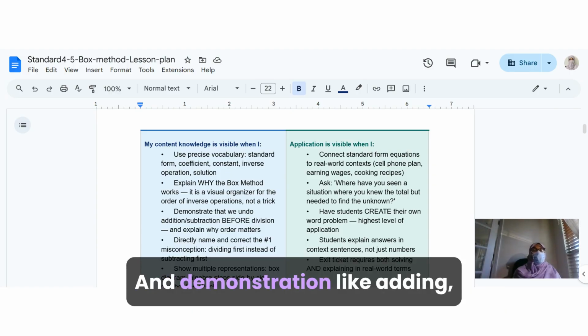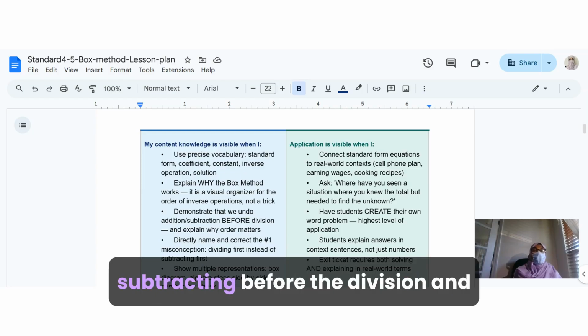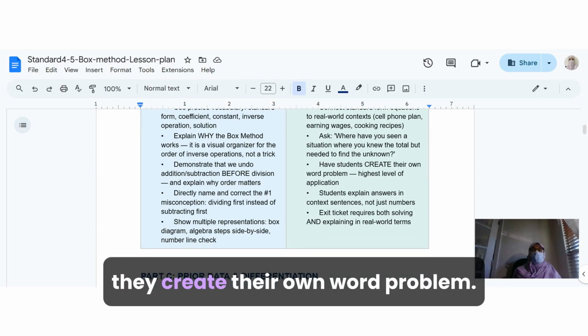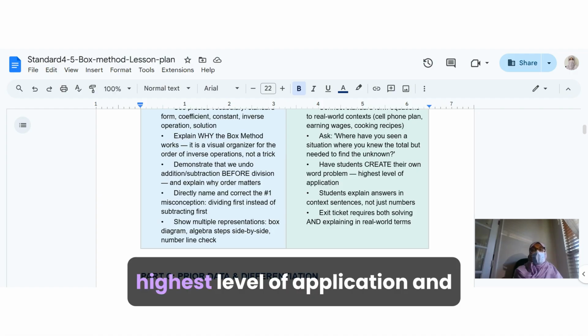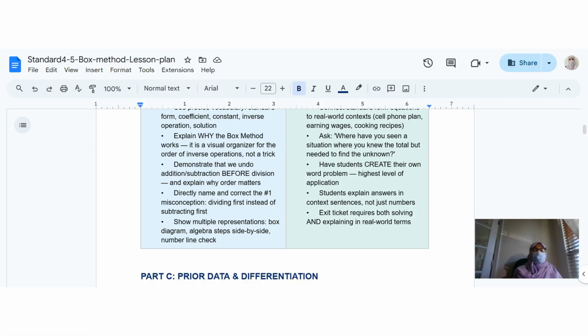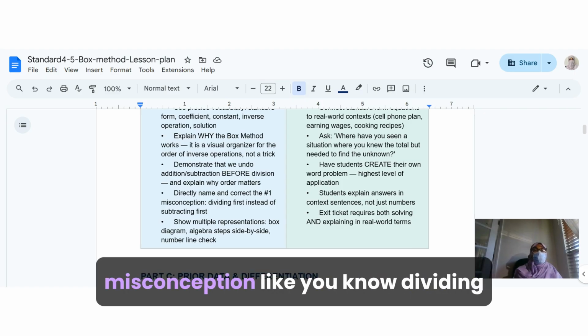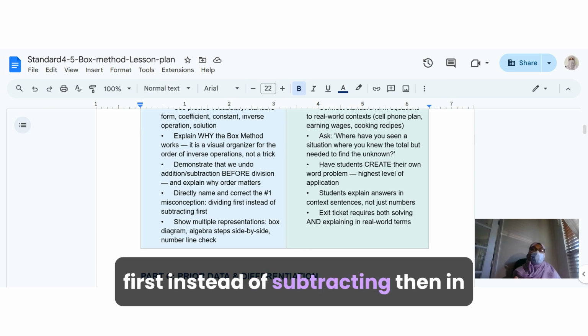And demonstration like adding, subtracting before the division and explaining why order matters. And students create their own word problem, the highest level of application, and directly name and correct the misconception.